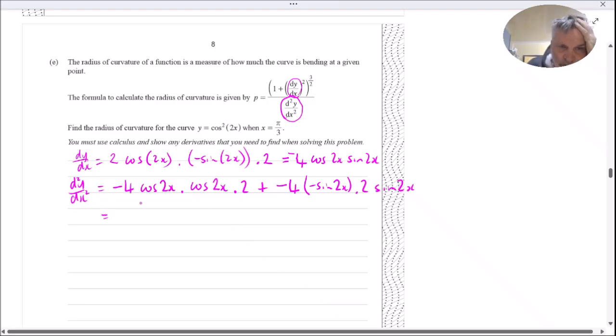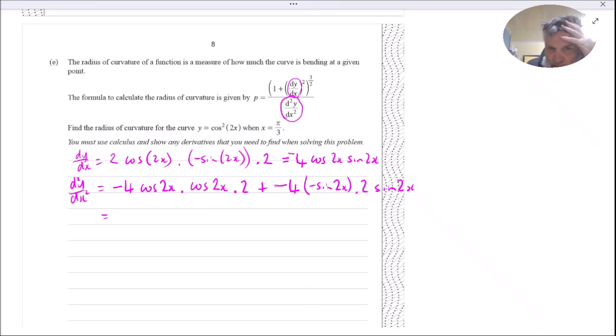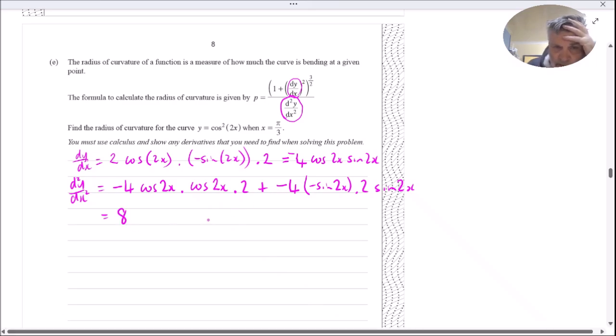So we've got 4 2's 8 with a minus sign. We've got 4 2's 8 with 2 minus signs. So there's going to be a common factor of 8. This one's going to be plus, so it's going to be sine squared 2x, and then minus cosine squared 2x.